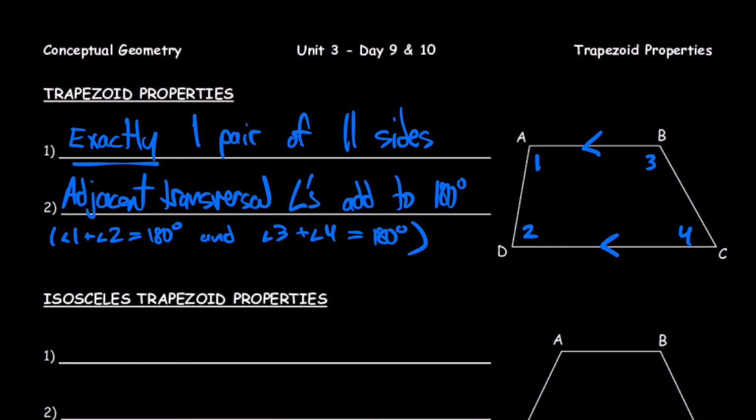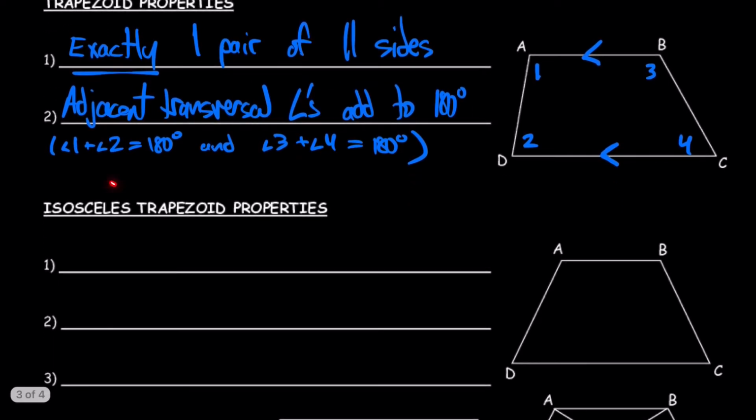Okay, well, trapezoids, there's only one property, so we don't really work with trapezoids a whole lot. What we do instead is we deal with isosceles trapezoids. So before we get to the specific isosceles trapezoid properties, let's list the first two that we know it must have. It has to have the two properties from up above.